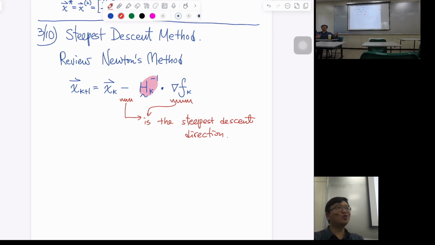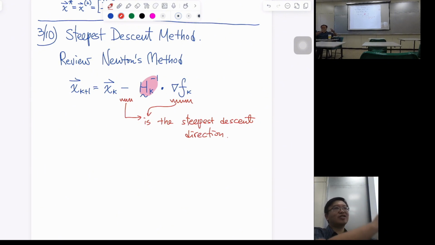And this also gives us a hint: the steepest descent direction may not be the best direction, because in Newton's method, in front of the negative gradient vector, there is a multiplier, and you have no idea what the inverse Hessian has.